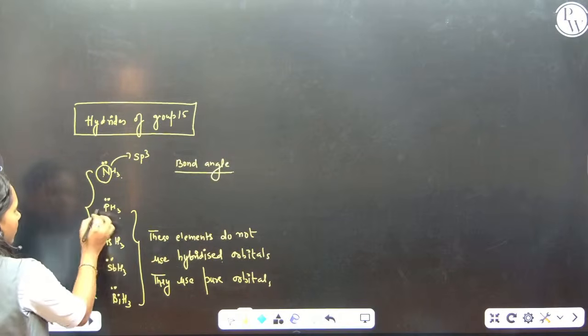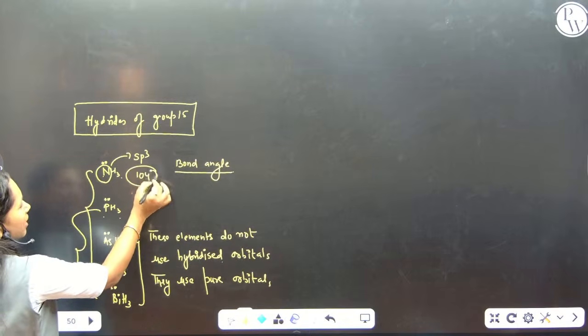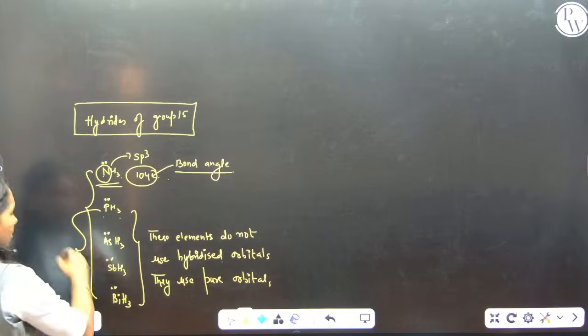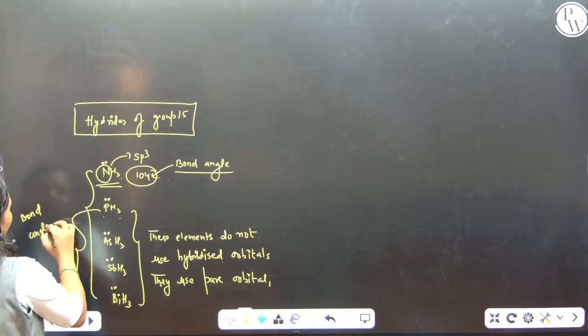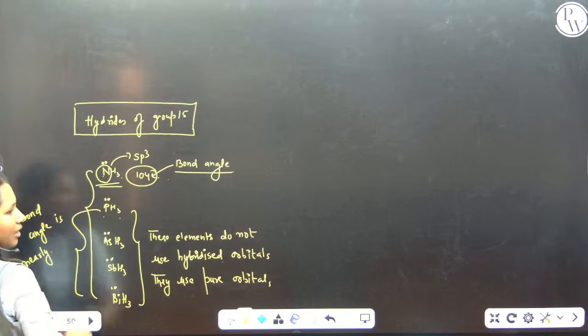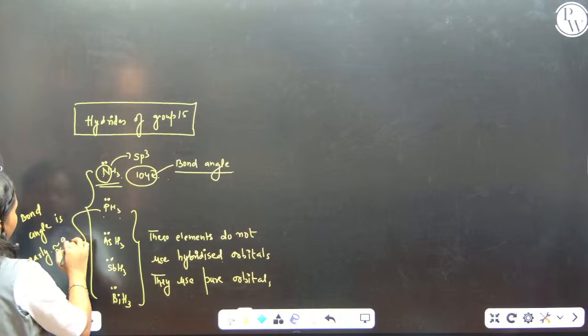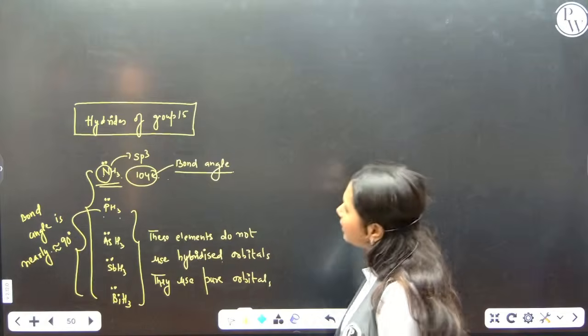So for them, what is the angle? Here the bond angle is 104 point something. But here, the bond angle is nearly 90 degrees.